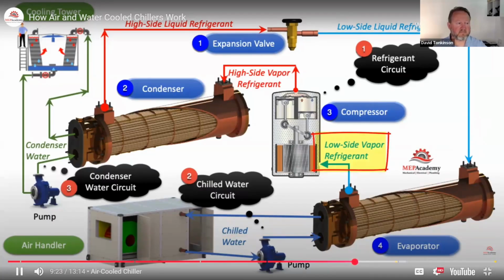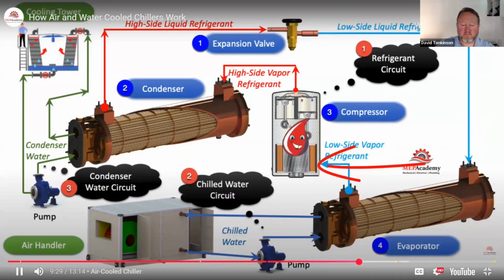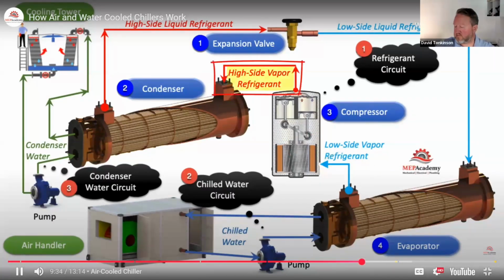And that evaporated refrigerant inside this chiller goes into the suction side of the compressor, which compresses the refrigerant to a higher temperature, higher pressure vapor, gas, which then travels to the condenser, where the vapor is to be condensed, meaning it's going to turn back into a liquid by giving up its heat to the condenser water coming through the shell and tube heat exchanger.